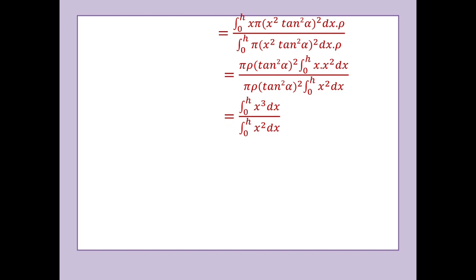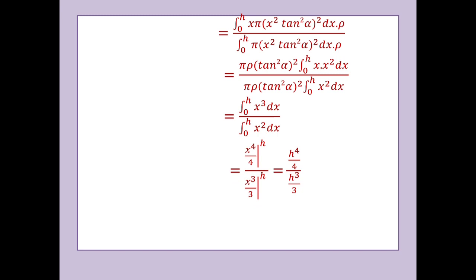So simplifying, we get integral of 0 to h x cube dx divided by integral of 0 to h x square dx. When we integrate x cube, we get x power 4 by 4 between the limits 0 to h, and in the denominator, when you integrate x square, you will get x cube by 3 between the limits 0 to h.